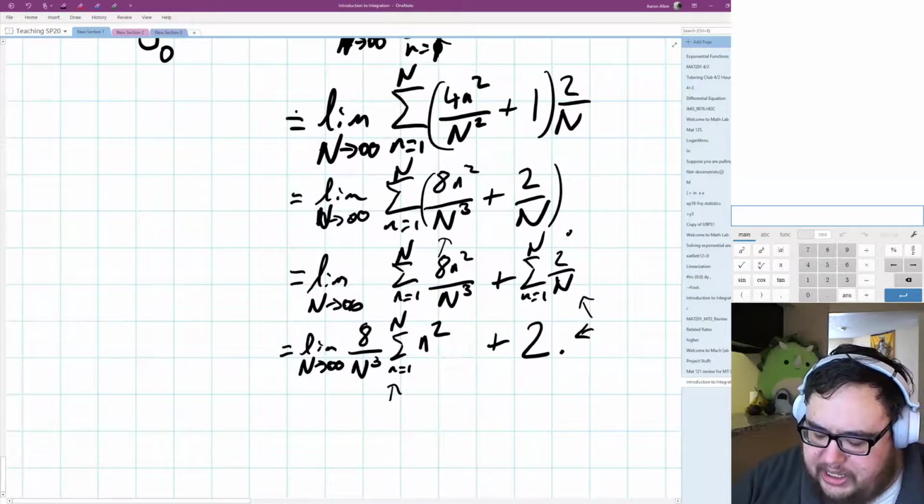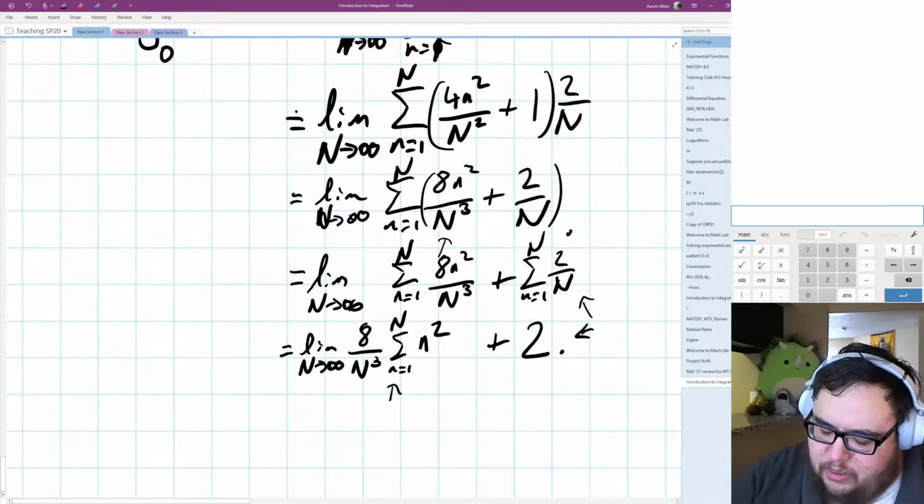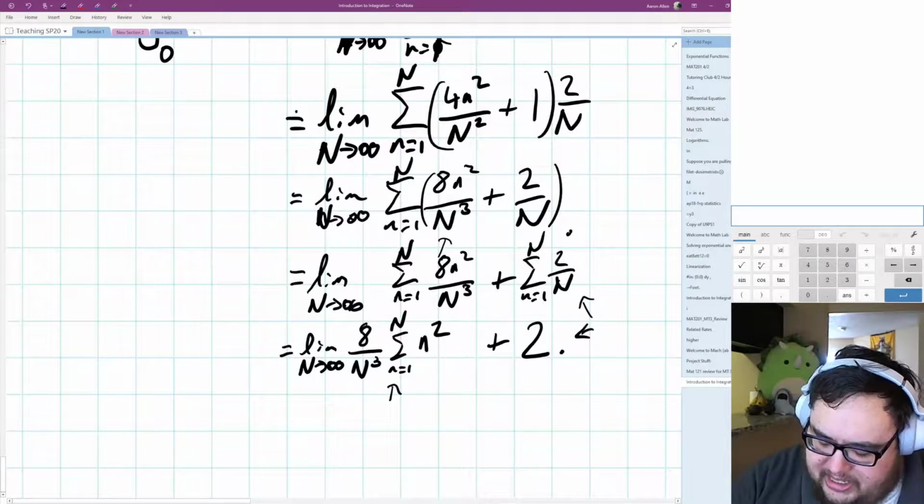So the last tricky thing we need to do is we need to know what this is: the sum from n equals 1 to big N of n squared.